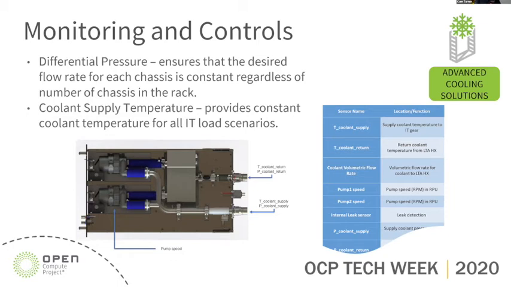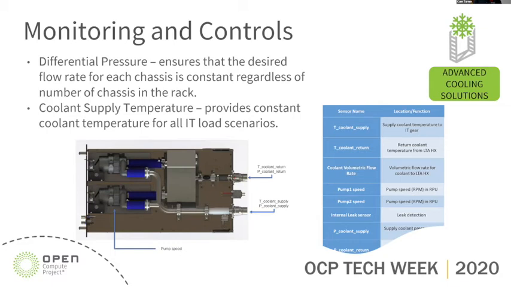So therefore, when you're servicing a particular server and you disconnect it, pull it out of the rack, the flow rate to the remaining chassis within that rack doesn't change. On the coolant supply temperature side, this constant temperature is utilized to ensure that the supply to each of the cold plate loops remains constant regardless of IT load.